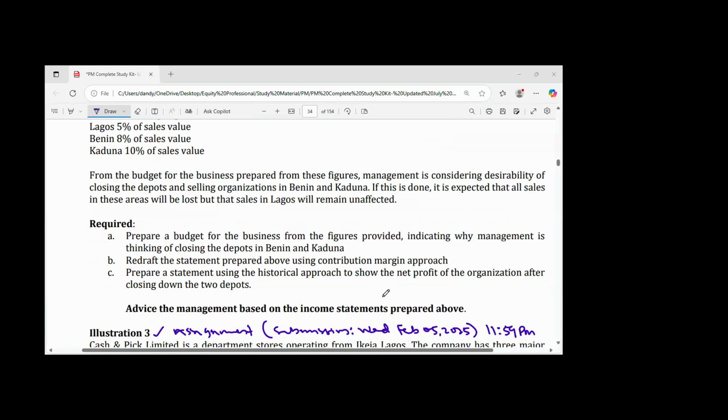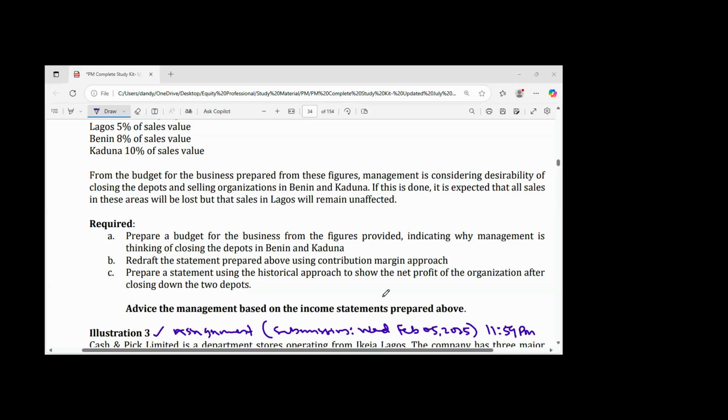B. Redraft the statement prepared above using contribution margin approach. C. Prepare a statement using the historical approach to show the net profit of the organization after closing down the 2 depots. Advise the management based on the income statements prepared above.